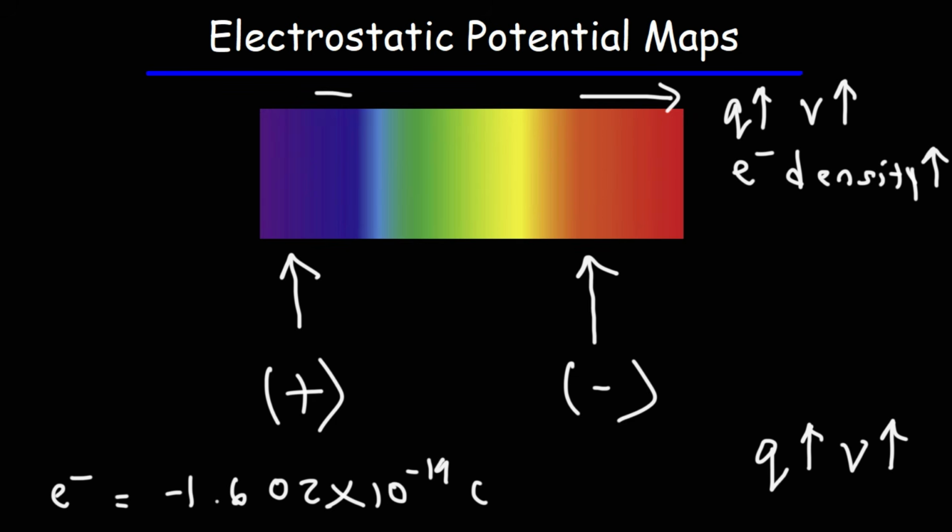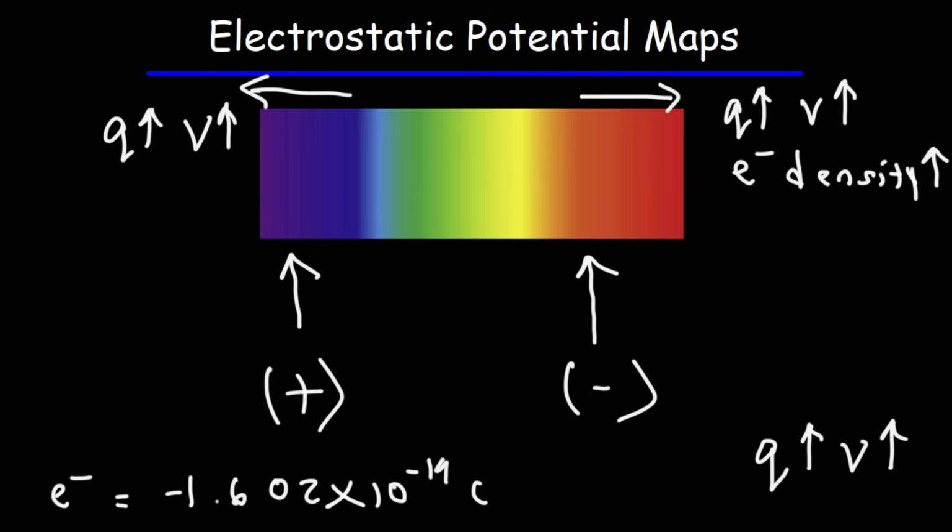Now going in the other direction, we're going towards the positive charge. By the way, this V is a negative value. When I mean that it's going up, I mean that it's becoming more negative. I'm going to put some numbers to it soon. So going to the left, the charge increases, but in a more positive way.